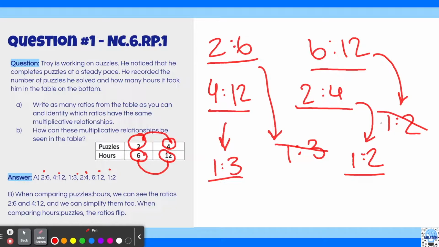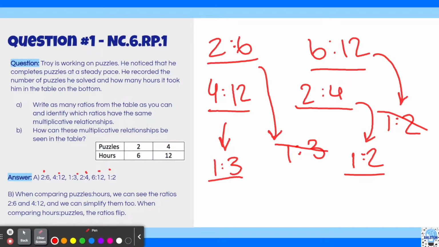Now let's go to B. So how can these multiplicative relationships be seen in the table? Basically, I can find these ratios by just looking at the corresponding section. So what I mean by that is this puzzles section has the numbers 2 and 4. So let me erase this because it's kind of hard to see.